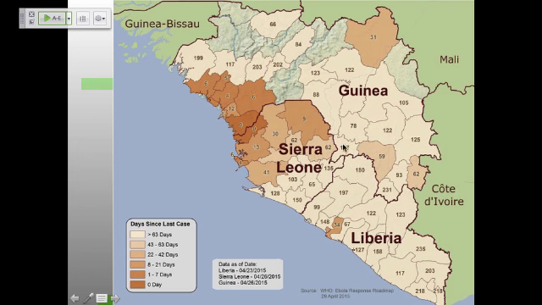But if you look back here, where the original outbreak was, 80 days, 130 days, 180 days, and even in Liberia, 34 days. And these are the last updates here. This is the 23rd of April, 26th of April, 26th of April.